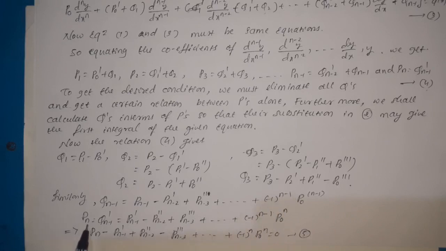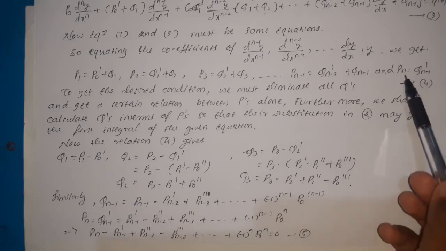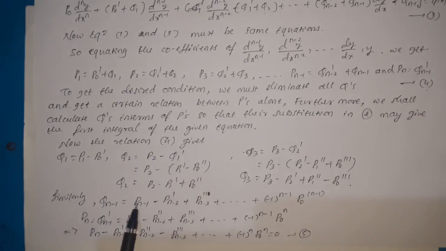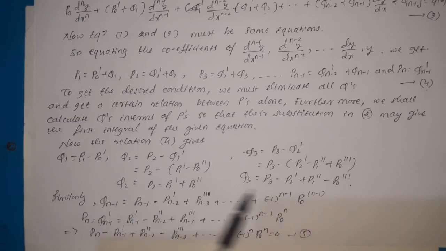Now the last one, pn equals qn minus 1 dash, so therefore differentiation of the same thing. Already we know what qn minus 1 is. Here we need to differentiate this pn minus 1 dash, then this becomes double dash, triple dash, and so on.